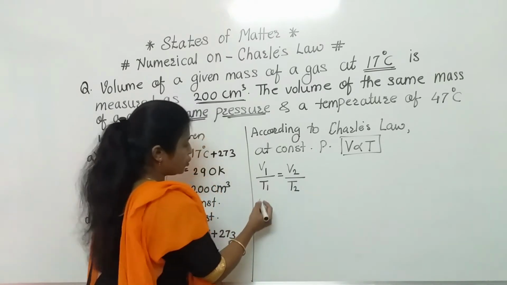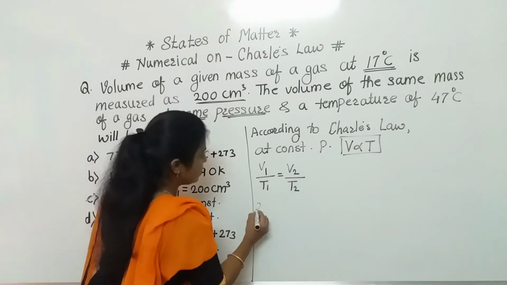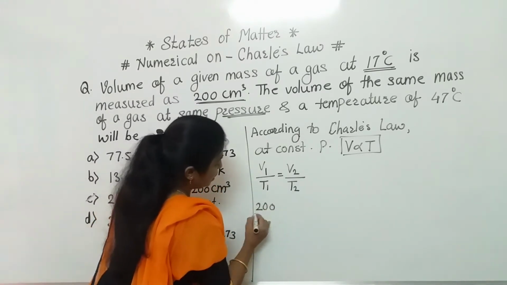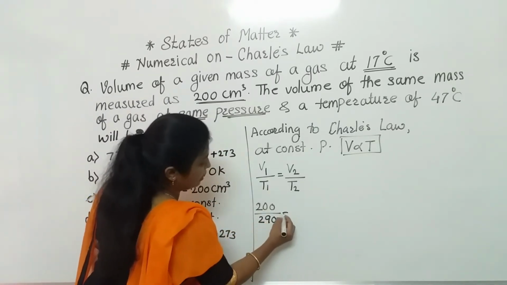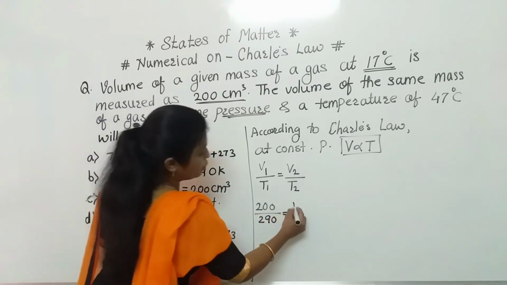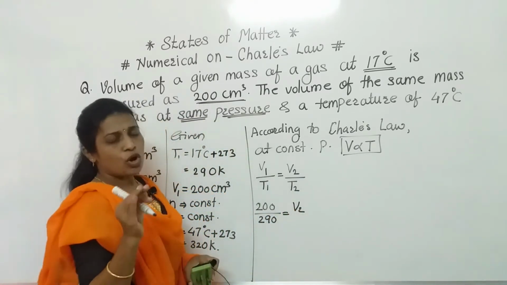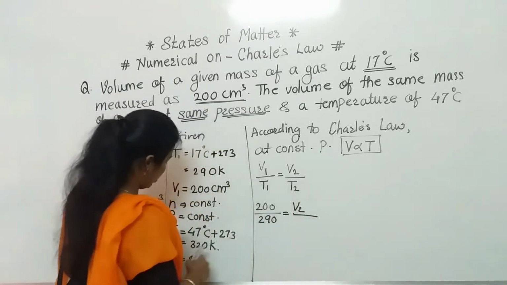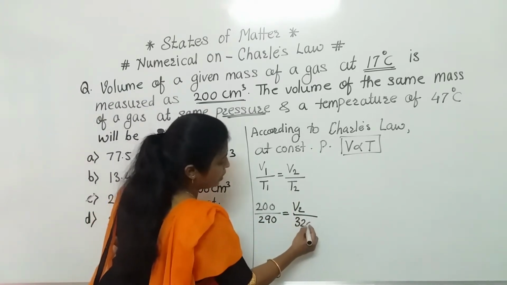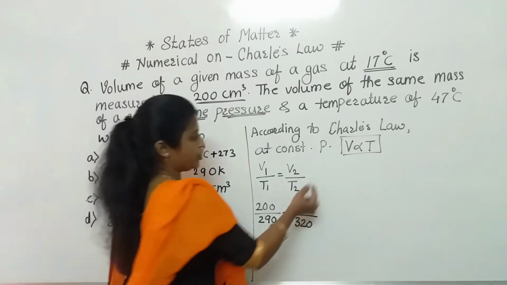So simply we are going to put all these values. V1 is 200 divided by T1 is 290 Kelvin, equal to V2, which we have to find out, you can consider it X also, divided by T2 which is 320. Now we have to rearrange this equation.